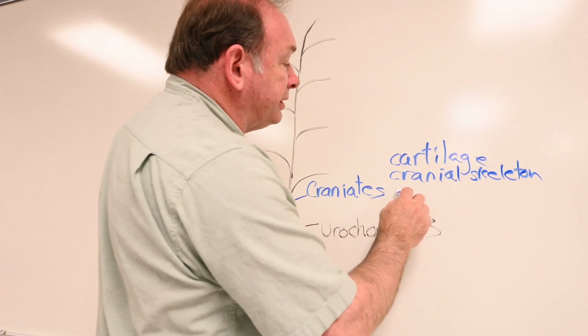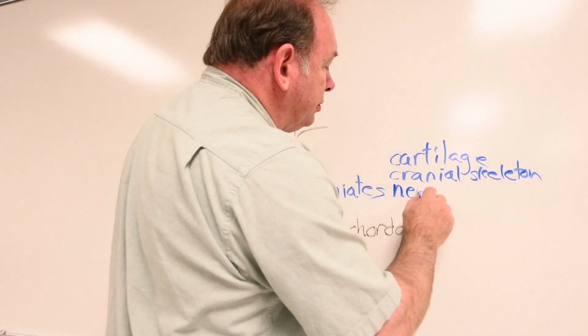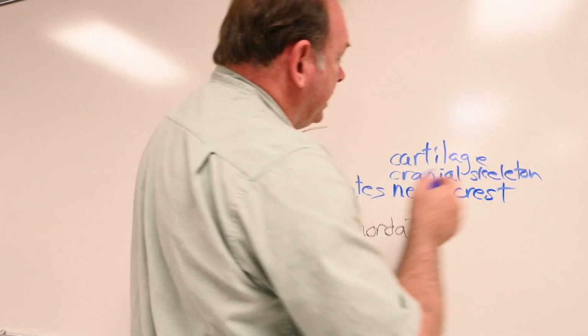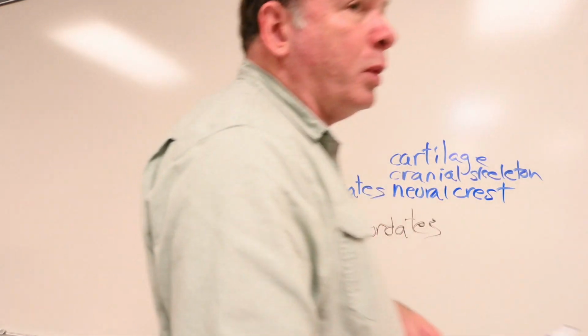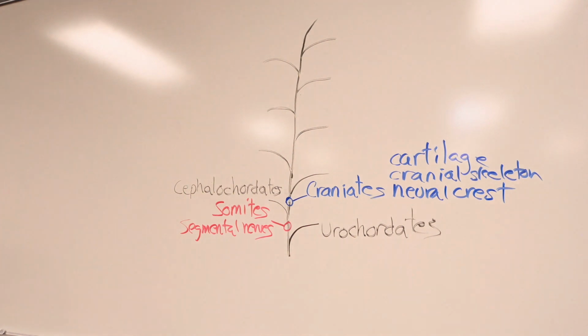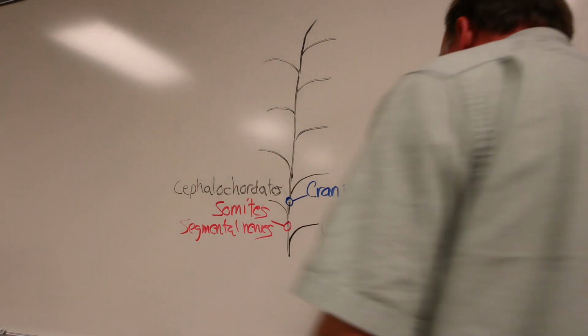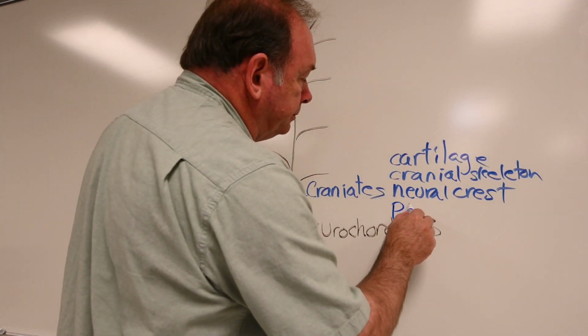We also see something called neural crest tissue. We'll talk about that in a minute. And I'm missing one of them. What is it? Paired sense organs. Paired sense organs, that's the other one.